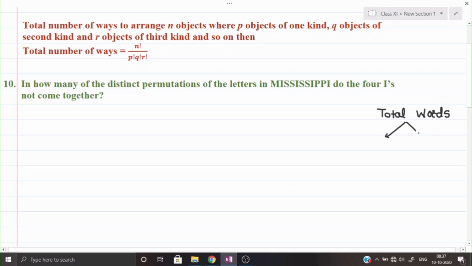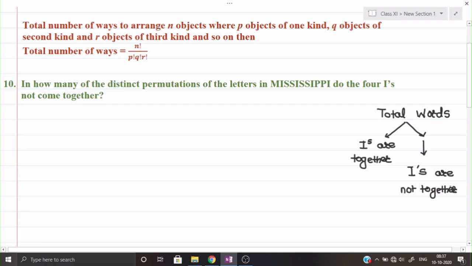Suppose I want to categorize into two parts: the first part is where the I's are together, and the second part is where all the I's are not together, right?